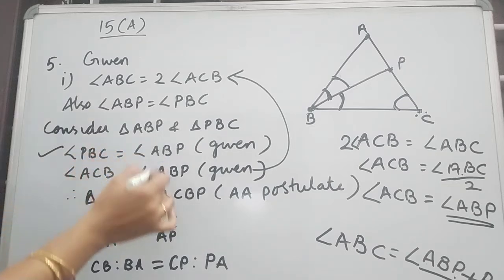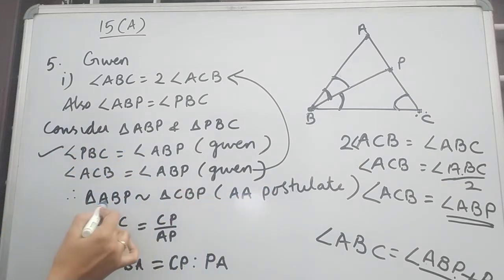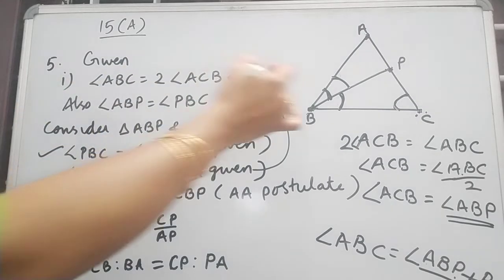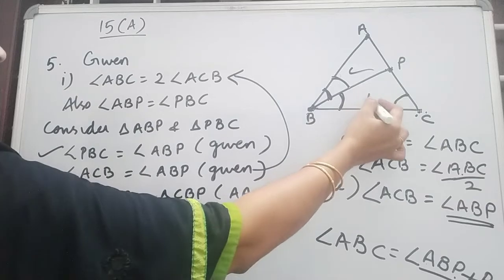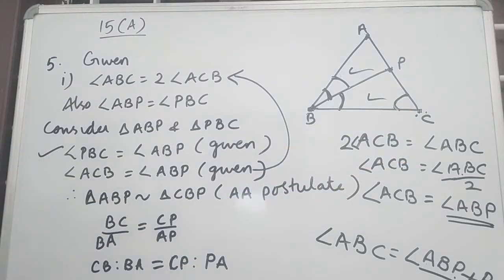So these two angles are equal, which means using the AA postulate these two triangles are similar, that is ABP. This triangle is similar to which triangle? CPB. These two triangles are similar using the AA postulate. Since it is similar, we can write the proportionality.